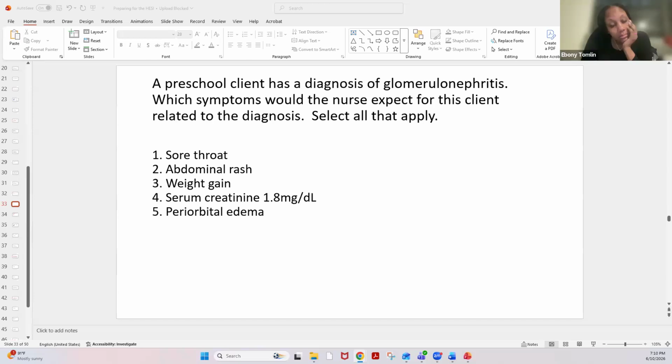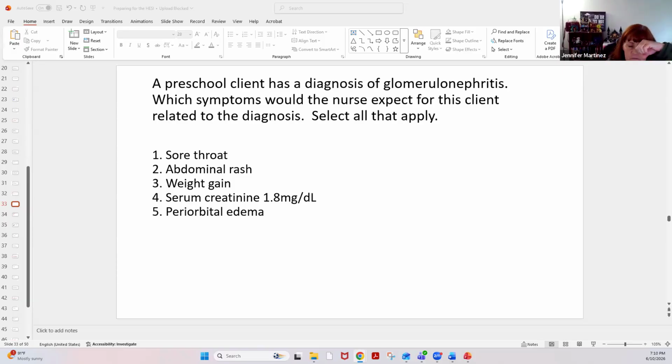Glomerulonephritis doesn't occur at the same time as a strep infection. That is something that's important to understand.